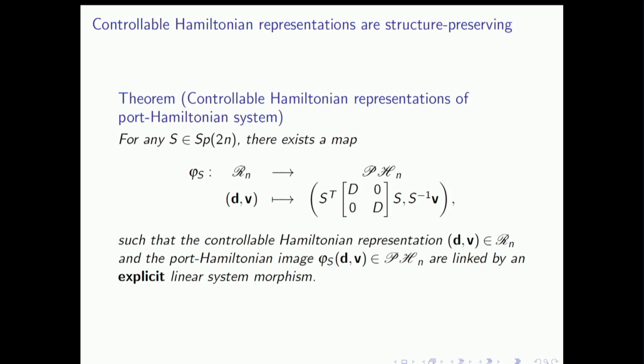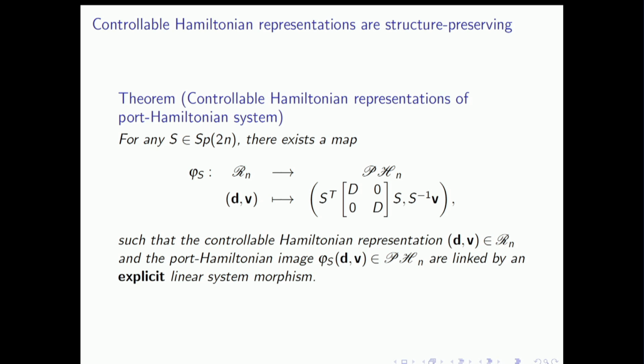Recall the definition of system morphism: it means no matter what D and V give you, the input-output dynamical system represented by this controllable Hamiltonian representation is also an input-output dynamical system of this power Hamiltonian system.